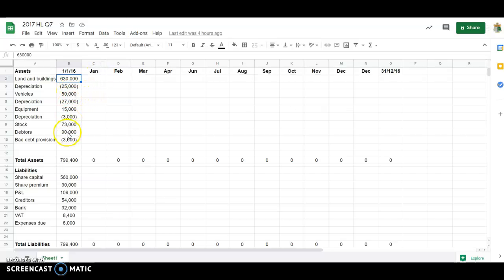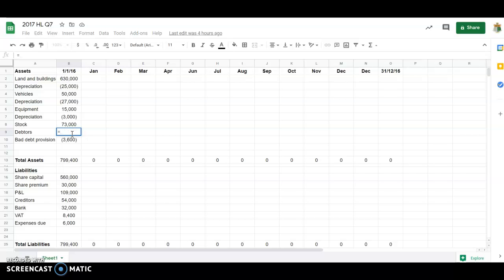Rather than just putting in the 86,400, I'm going to figure out what the debtors amount was and then what the 4% is. The 86,400 is after 4% has been taken away, so that's like 96%.